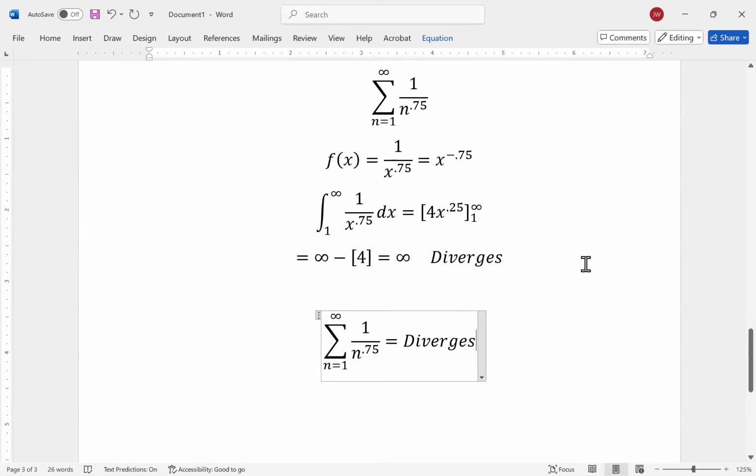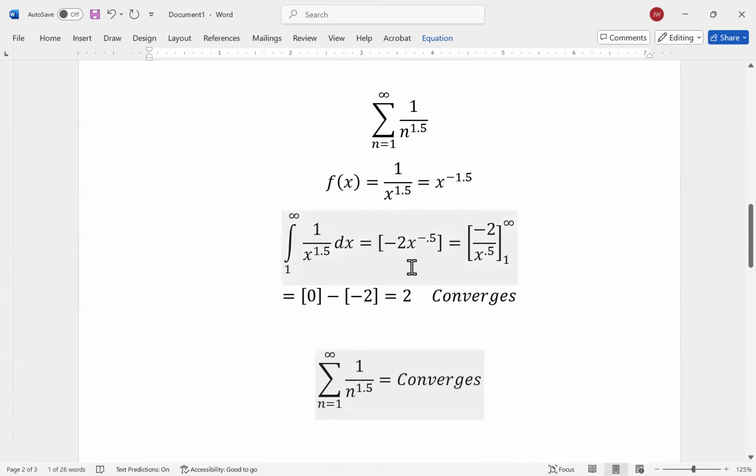In the integral test, you can see the reason why. When we rewrite our function as x to a power, we write it as x to the negative 0.75. In this case, when I added 1 to negative 0.75, I got a positive exponent on my x. And therefore, taking the limit as x goes to infinity brought me to infinity.